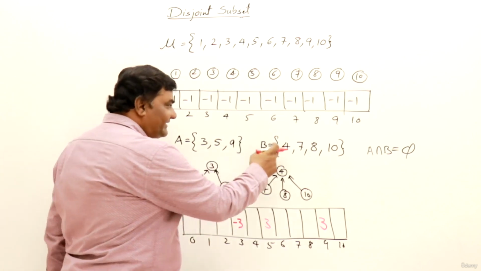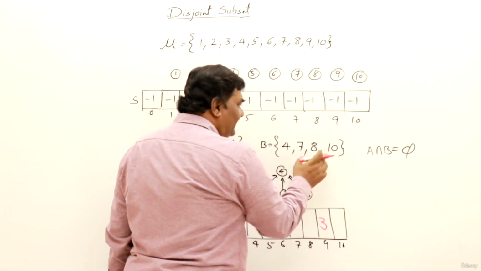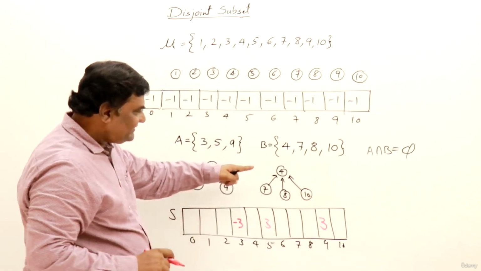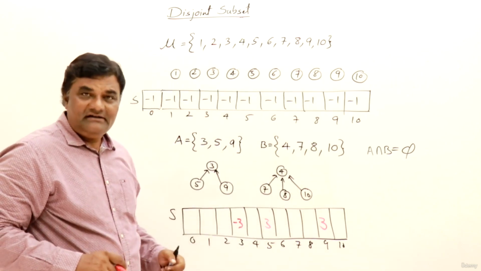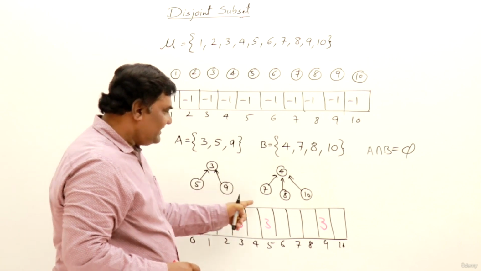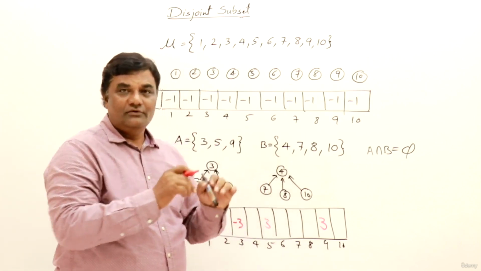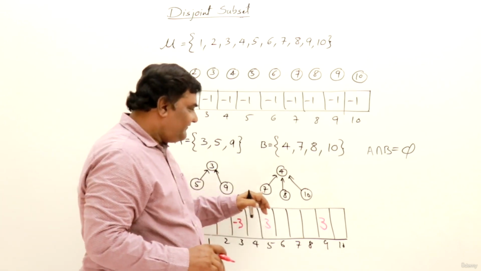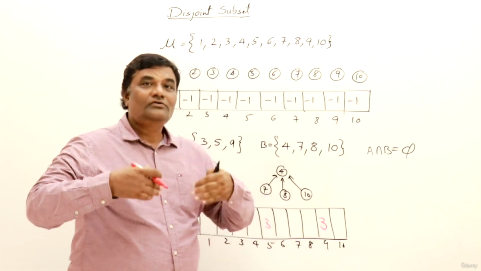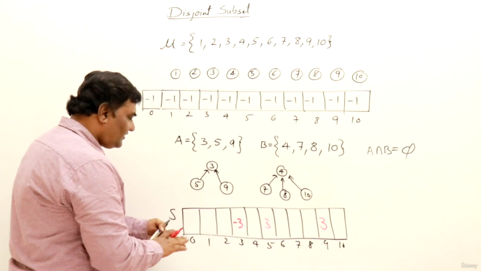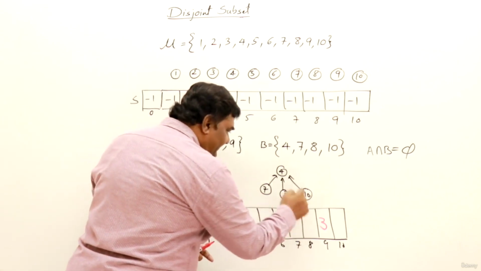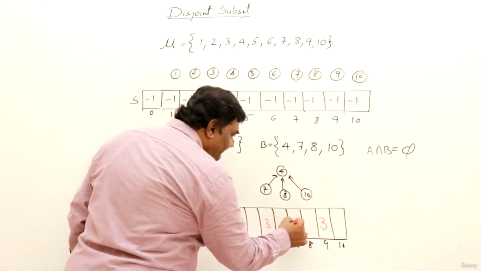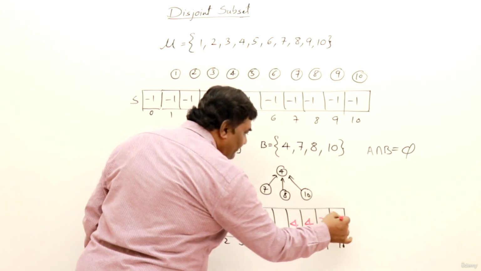Next, if you look at this set, 4, 7, 8, 10, there are a total of 4 elements, and I have selected 4 as a head, right? That number is 4, and the 7, 8 and 10 are pointing to the 4. So 4 is the parent or head. And 7, 8, 10 say that we belong to set 4. So here I will write down 4, 4, 4.